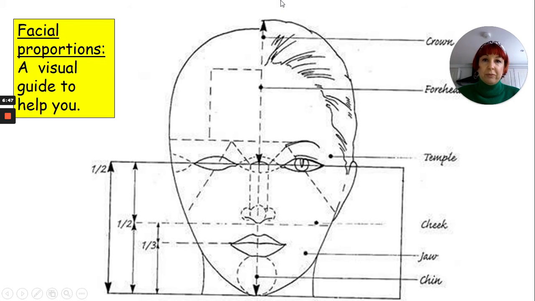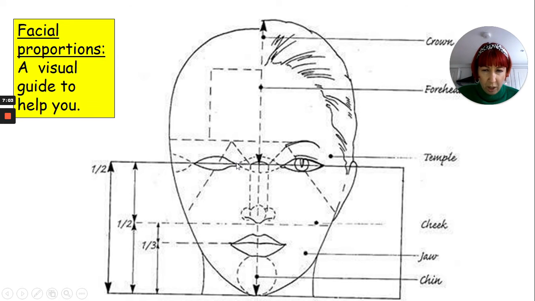Now that you've discovered what the halfway point indicates horizontally and vertically, you can see there are some other markings that we can use to support us, some other main markings that we are going to look at today.